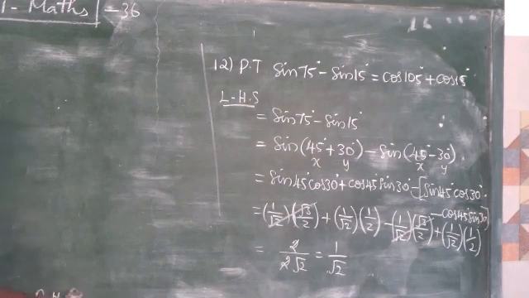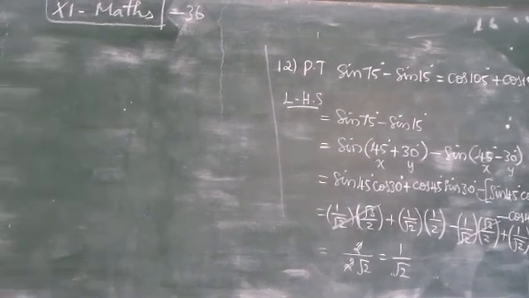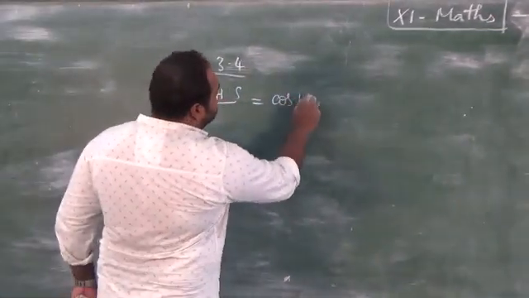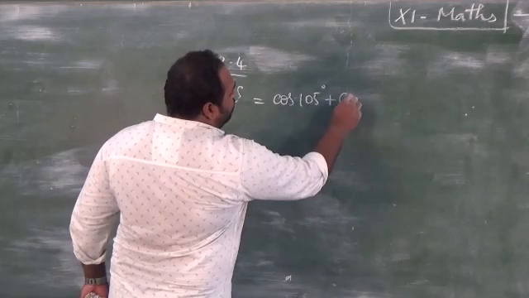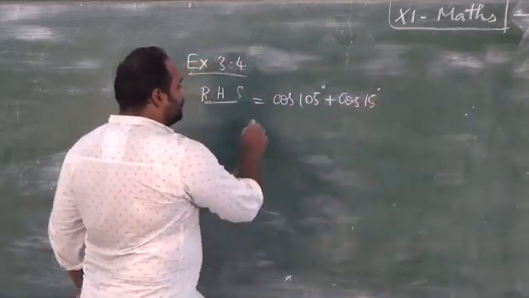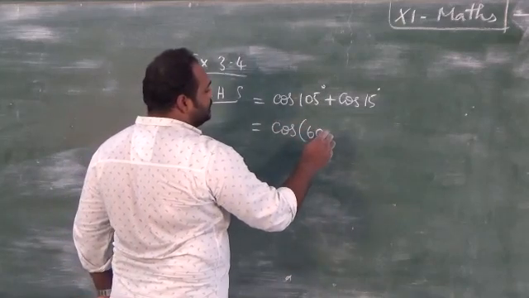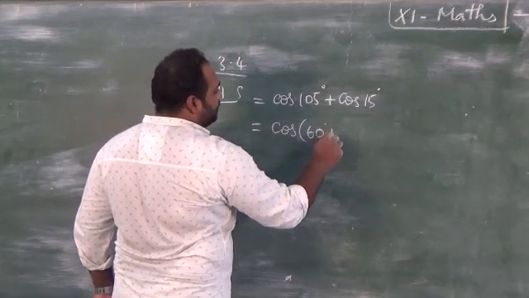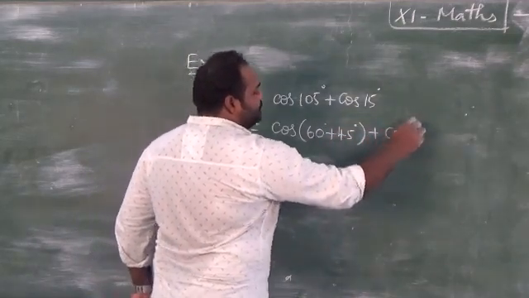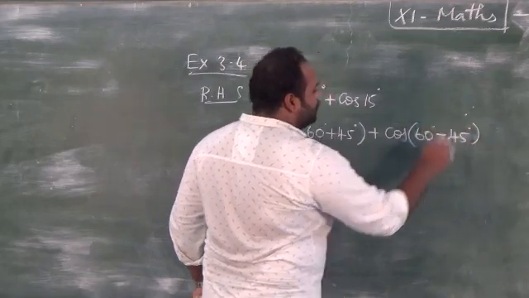So now take the RHS: cos 105 degree plus cos 15 degree. Cos 105 can be written as 60 degree plus 45, plus cos 15 also as 60 minus 45 degree.